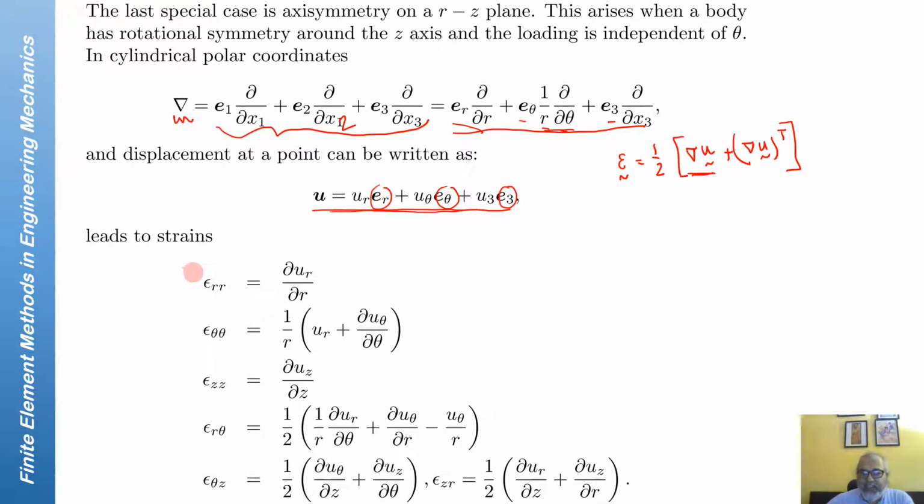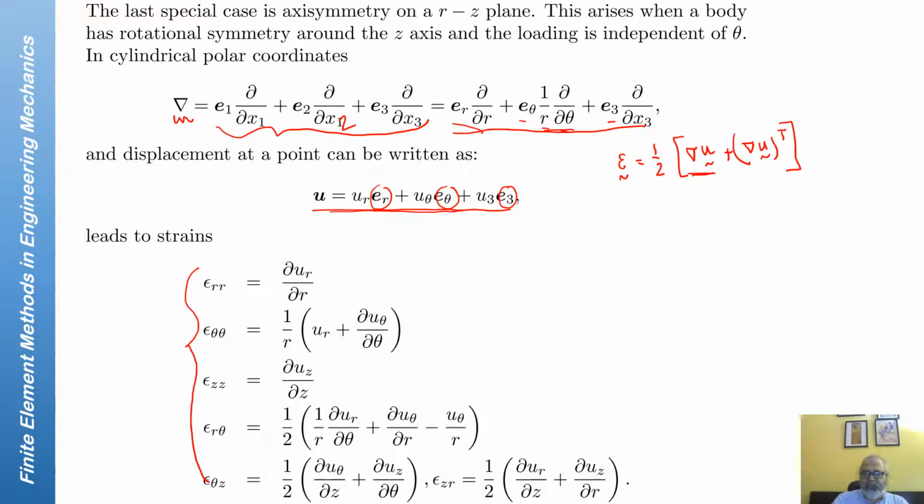Suffices to say that these are the 6 strain components in terms of ur, u theta, and uz, corresponding to the 6 strain components in the XYZ system.